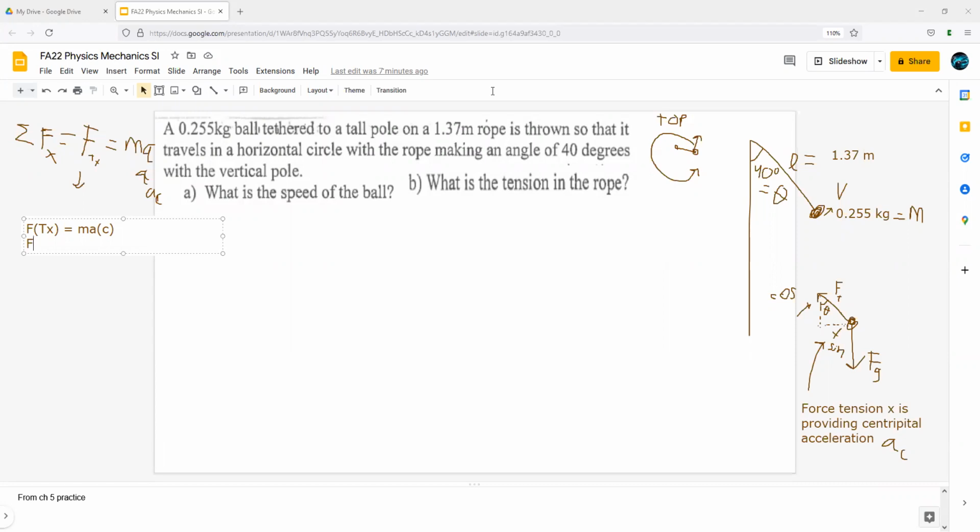And then it's the x, so that's sine the angle, which equals mass times acceleration. And then remember that acceleration is the same as v squared over r, right?